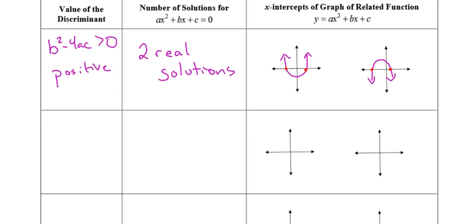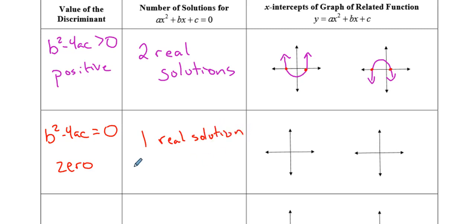Now we can look at our next possibility here, which is that b squared minus 4ac is equal to 0, right? And we'll say the discriminant is 0 in this case. And in that case, there will only be one real solution.